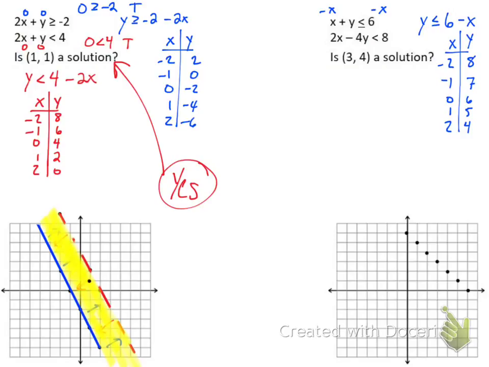If I just continue the pattern on, that's what my graph's going to look like. It's a solid line. Test my ordered pair. Plug in a 0 for my x and y. So I get 0 and 6. That's true. So I'm going to shade towards my test point.